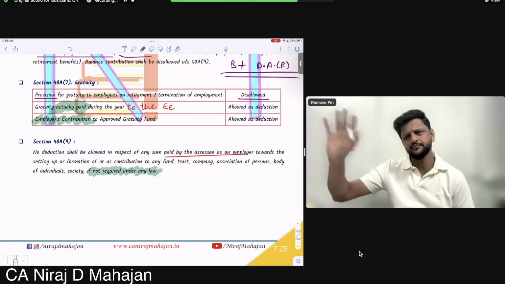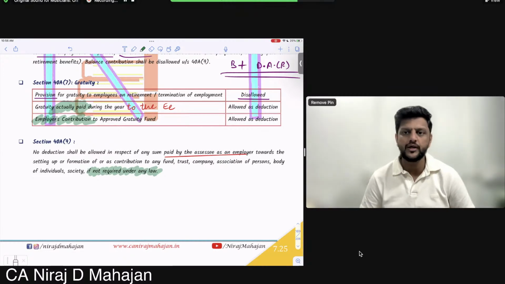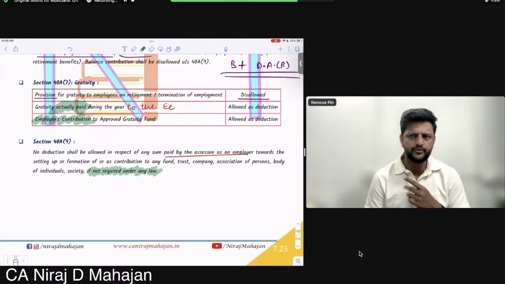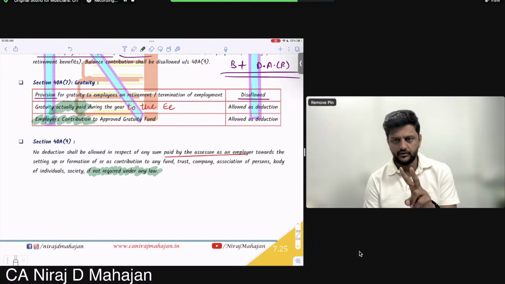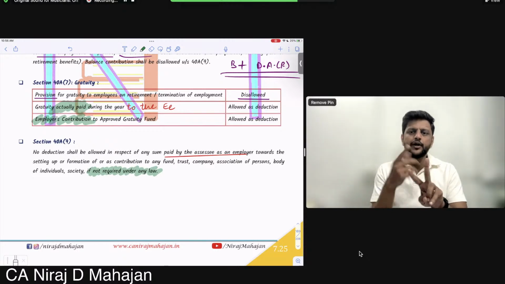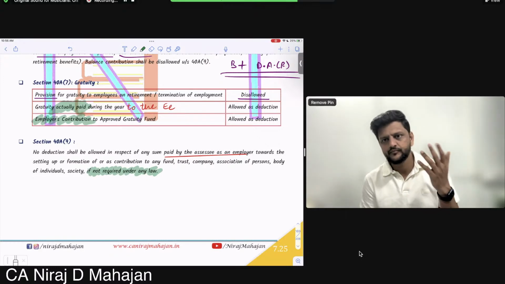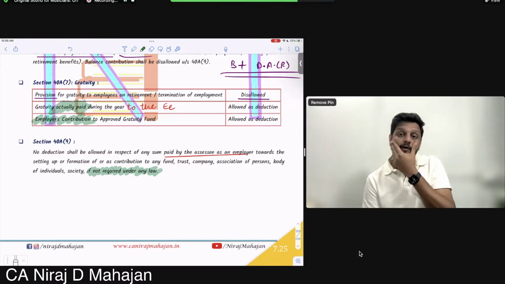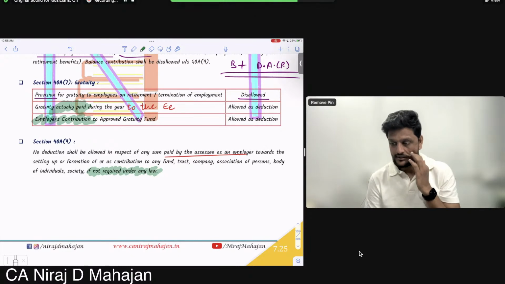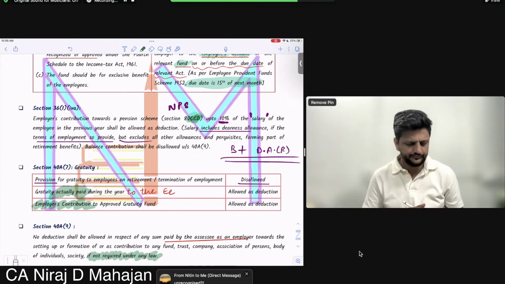So they have given a separate subsection: it will not be allowed as deduction when there is a contribution by the employer to a fund that is not required to be set up under any law. That means it is some kind of voluntary fund, so it will not be allowed as deduction. Clear till here, everybody?